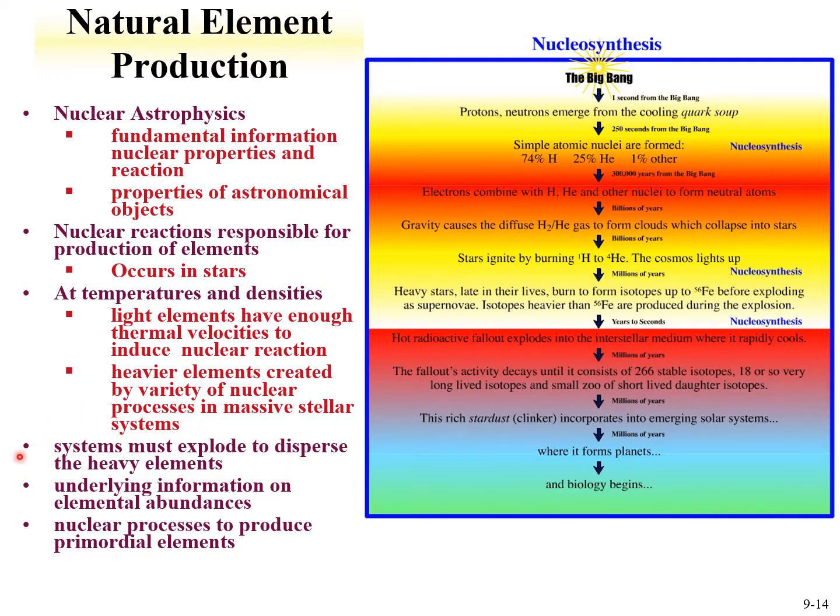And then these systems have to explode and disperse elements. And this is why we can find uranium, which has a 4.5 billion year half-life, on Earth today. So these nuclear processes produce the primordial elements.